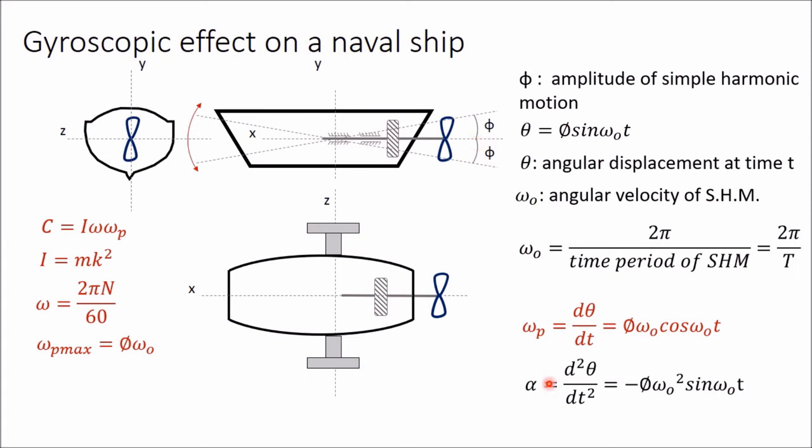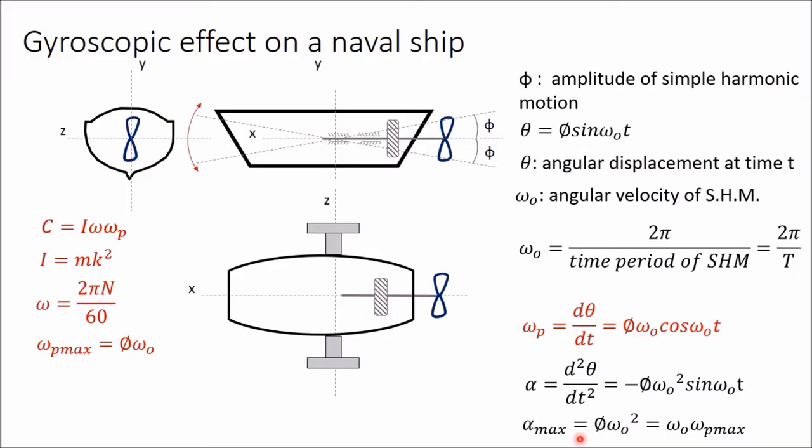You can calculate the angular acceleration of this simple harmonic motion by differentiating omega p once again with respect to t. Then you will get phi omega o square sine omega o t. The negative sign shows the direction of the acceleration. So the maximum value of acceleration will be, again, the maximum value of sine omega o t is 1.